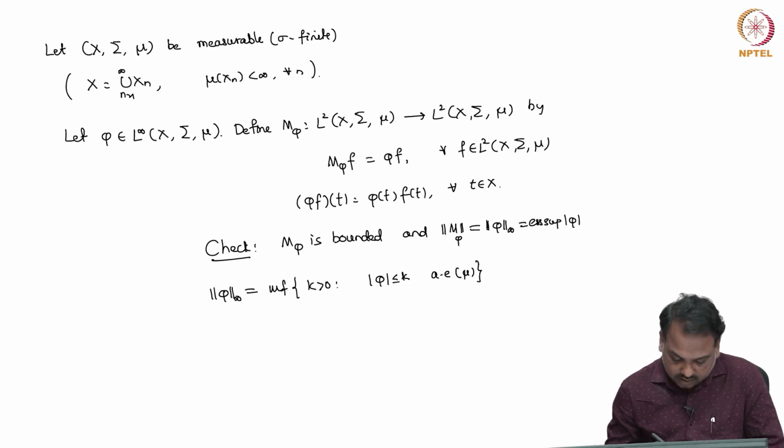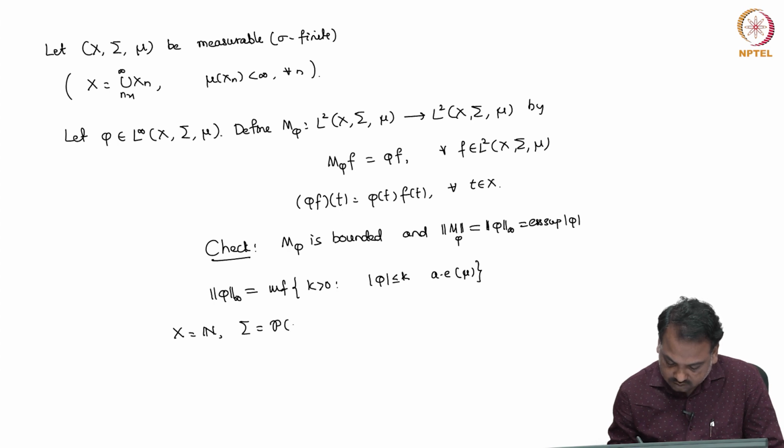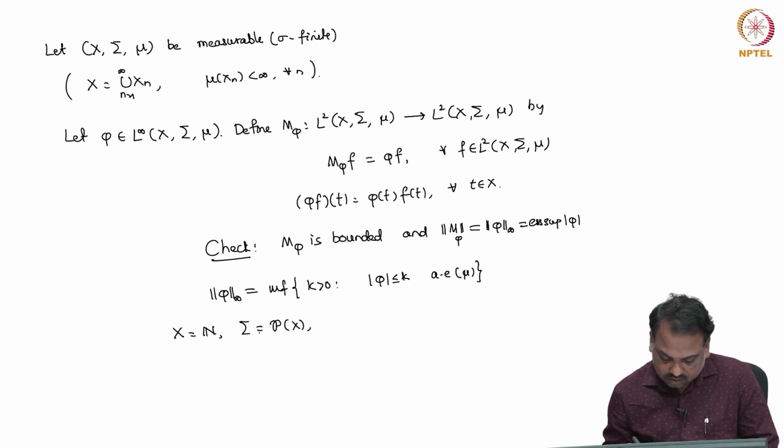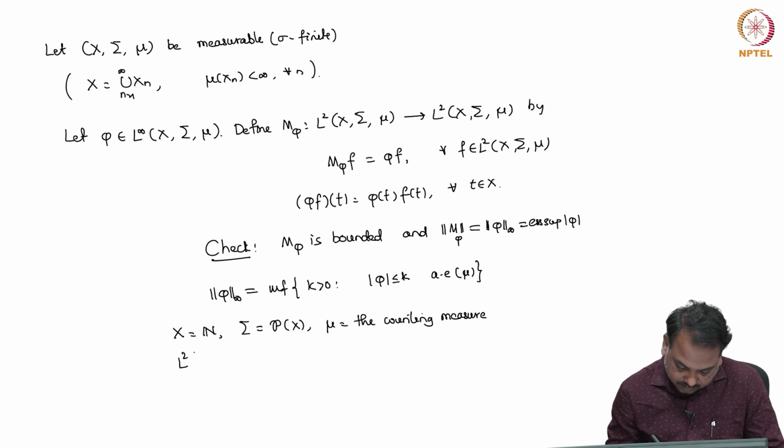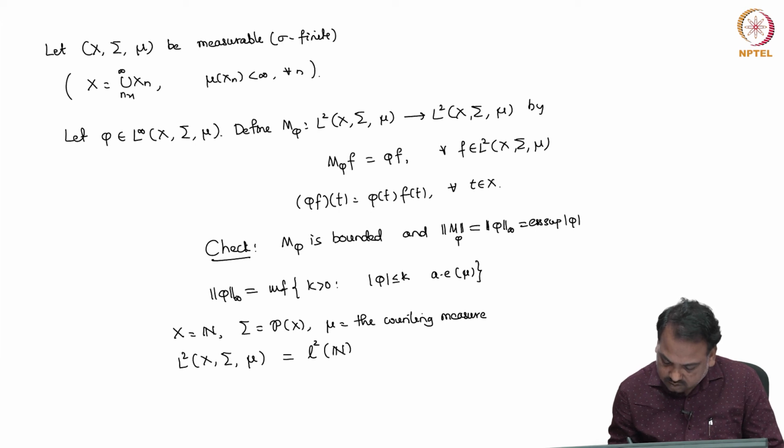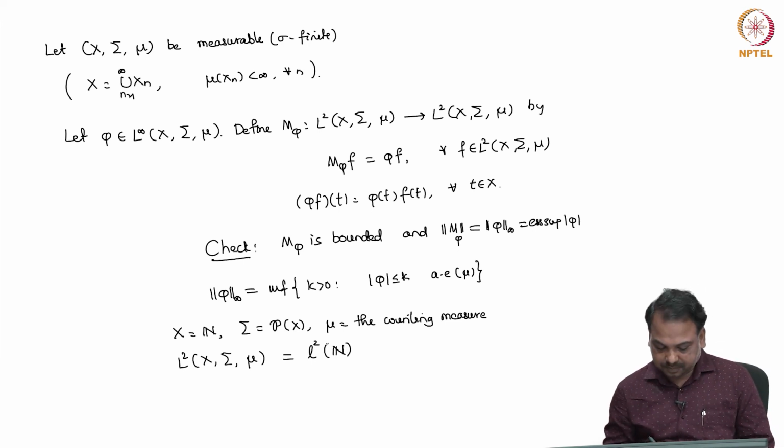Okay, so when you take X to be the set N, sigma to be the power set of the natural numbers, and mu to be the counting measure, we get L2 of X, sigma, mu is nothing but L2 of the natural numbers that we have discussed earlier.